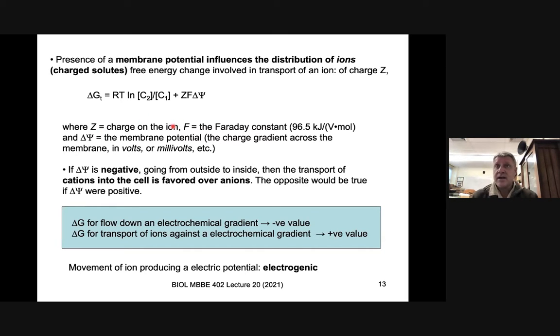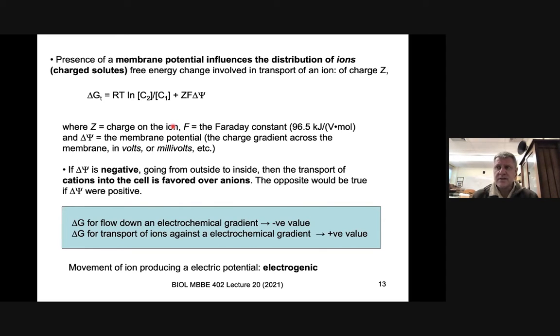So it could be like calcium 2 plus. We have the Faraday constant, which is 96.5 kilojoules per volt mole, and a delta psi, which is the membrane potential. This membrane potential can be measured in volts or in millivolts.